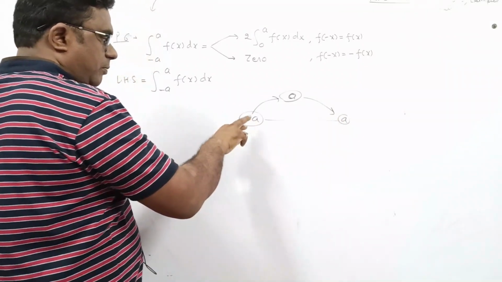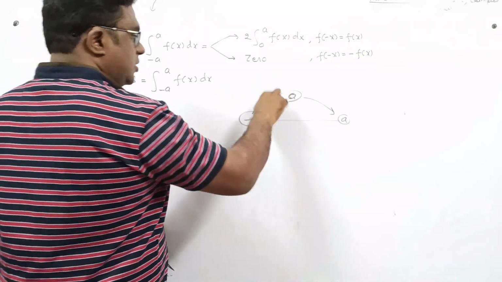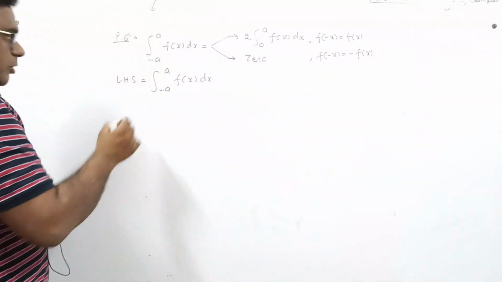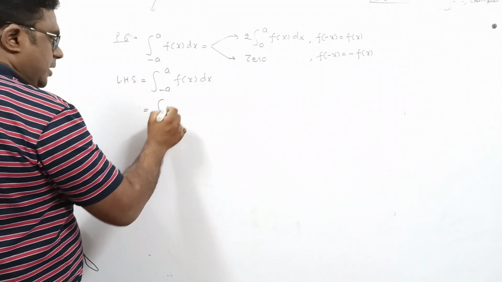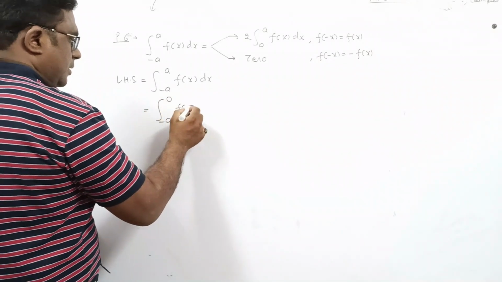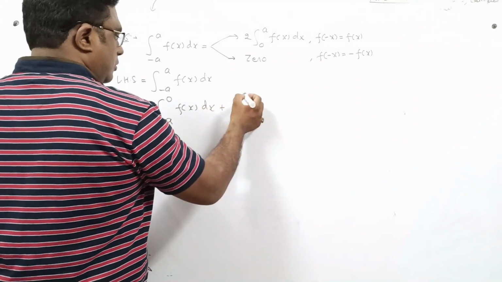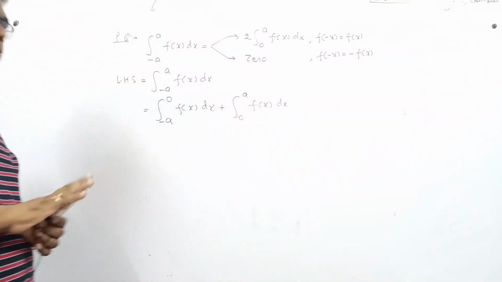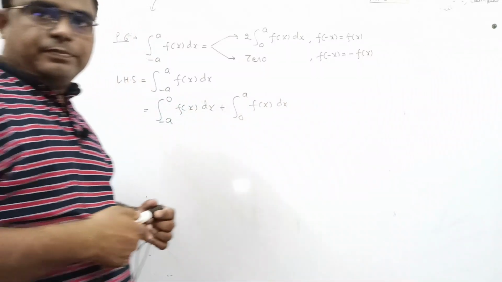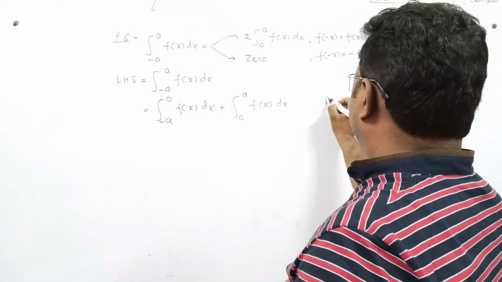It means I am splitting this integration into minus a to 0 f(x) dx and 0 to a f(x) dx. So which property I applied here? I have applied here property number 3.